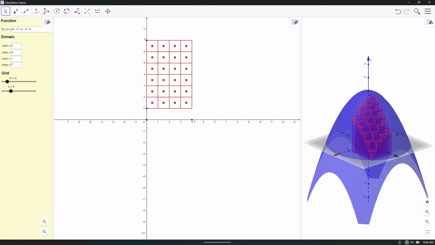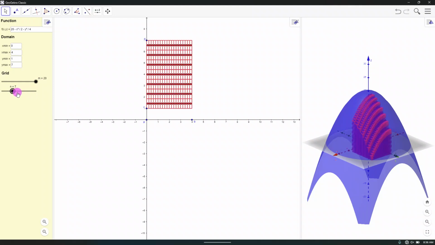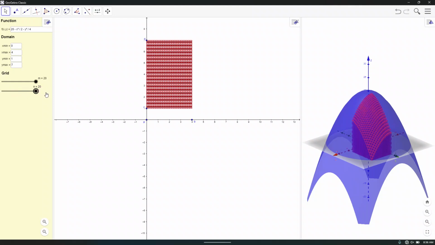Now, if we increase the number of squares, we get more squares to find the areas of, giving us a better result. So we're getting a more refined region. Let me turn on the lights for a second.